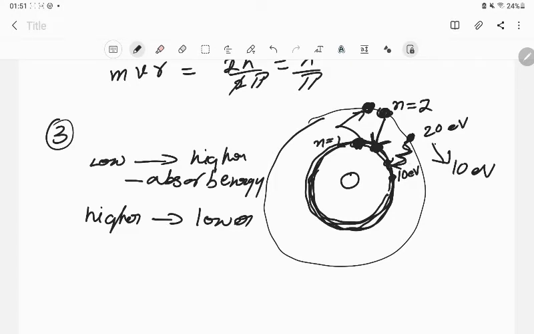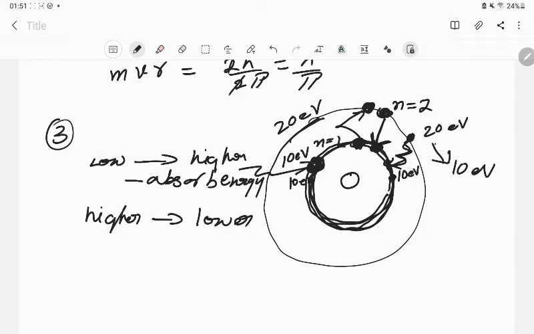Now here we have 10 electron volt in the first orbit, and in the second orbit we need 20 electron volt. So when this electron absorbs 10 electron volt from an external source, it already has 10 electron volt, so it will become 20 electron volt.